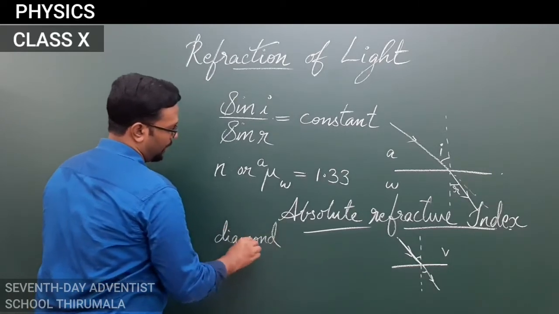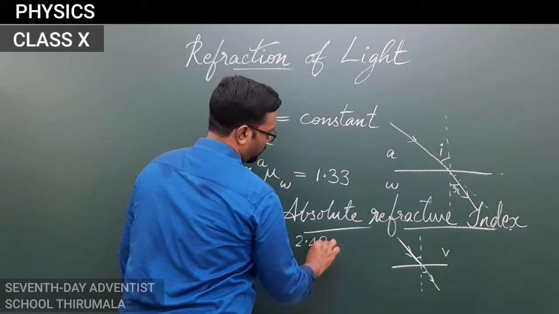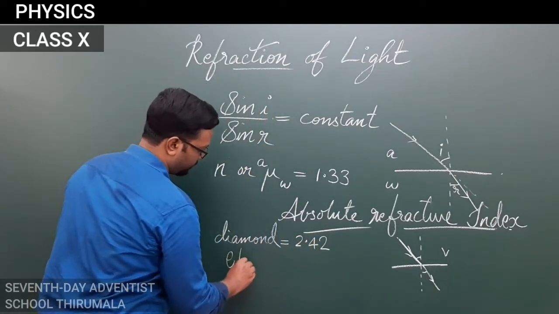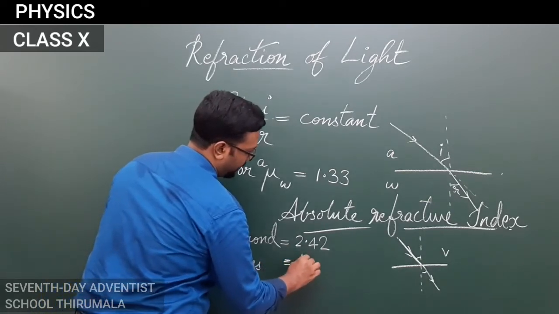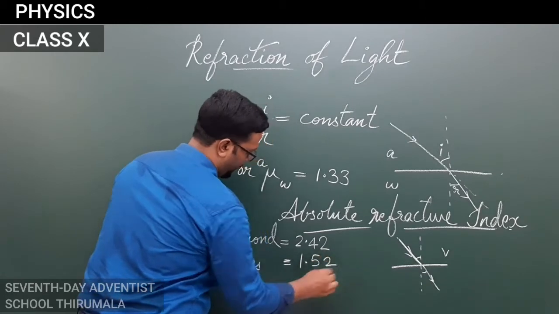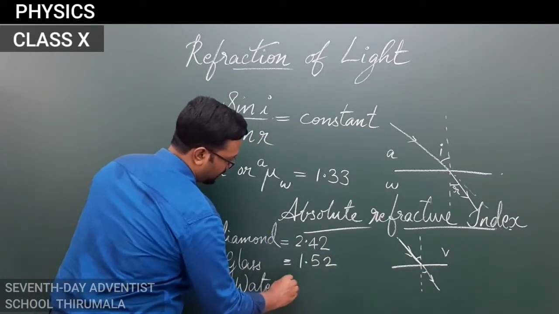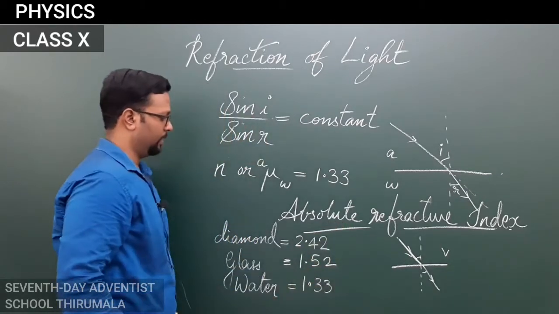Diamond has one of the largest values for absolute refractive index, which is 2.42, and we have crown glass, which has an absolute refractive index of 1.52. Then water, the absolute refractive index of water is 1.33.